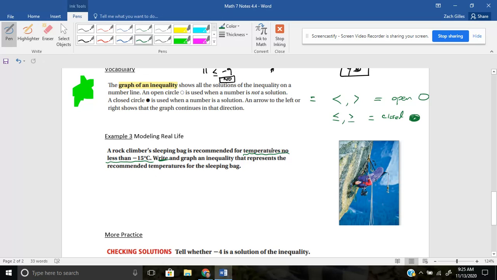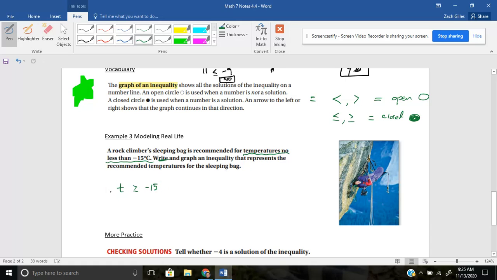So the temperatures can vary, so I'll call that T. Temperatures no less than would mean greater than or equal to negative 15 degrees Celsius. Okay, so here is my inequality. T is greater than or equal to negative 15.